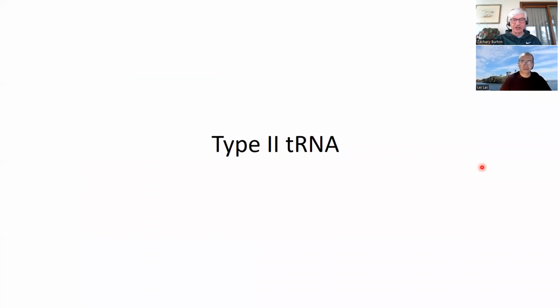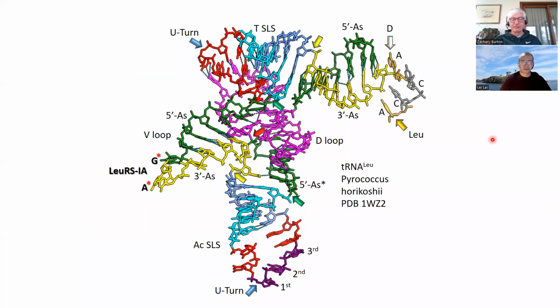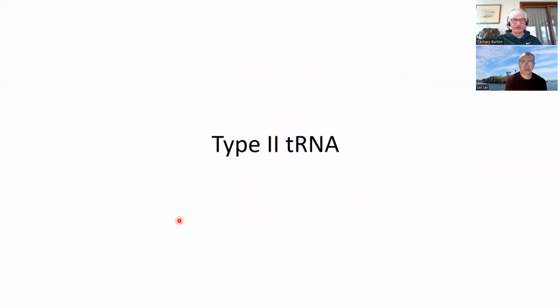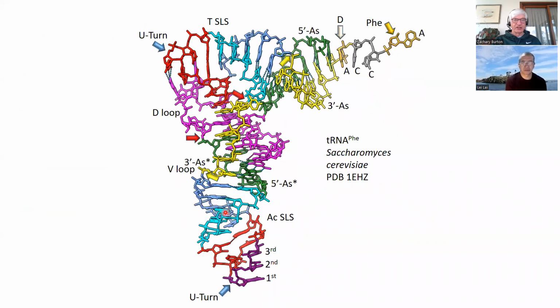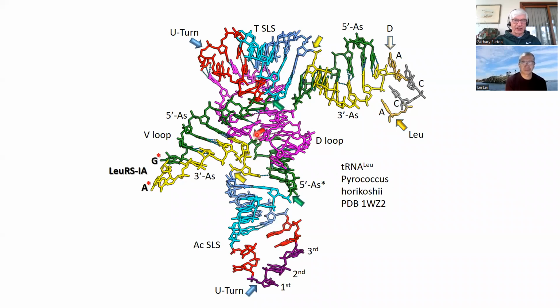So that's a type 2 tRNA, and the only difference between this molecule and type 1 tRNA is this funny chicken wing here. Let's go back briefly. This yellow segment is 5 long: 1, 2, 3, 4, 5.